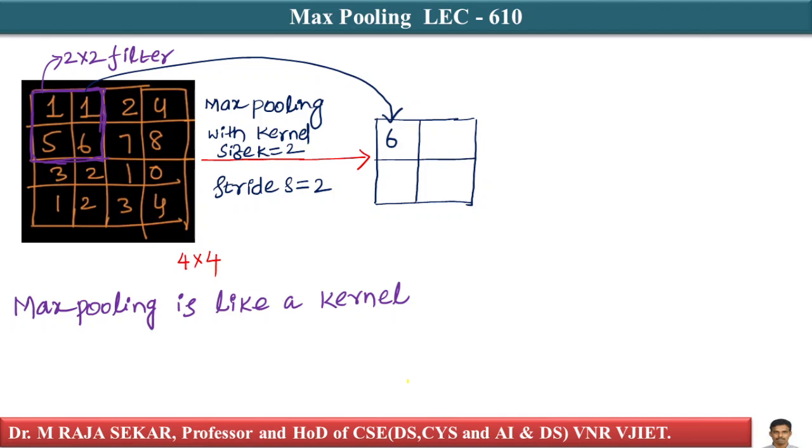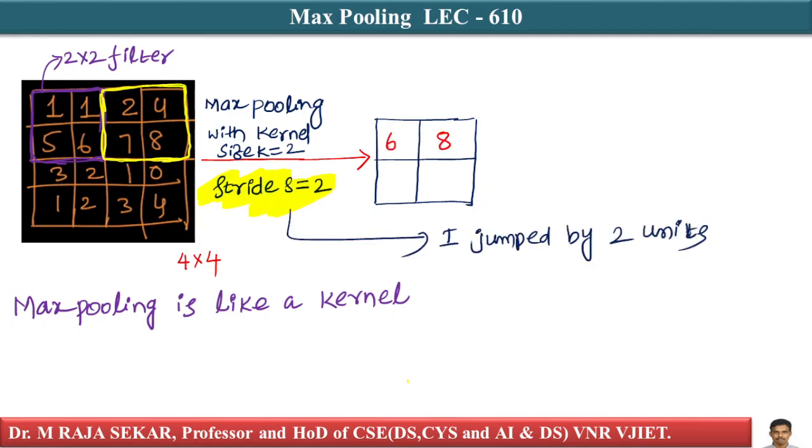Now I said my stride equals 2, so this is done. As my stride equals 2, again which one will I take? 2, 4, 6, 7, 8? The maximum value is 8. I jumped by 2 units.